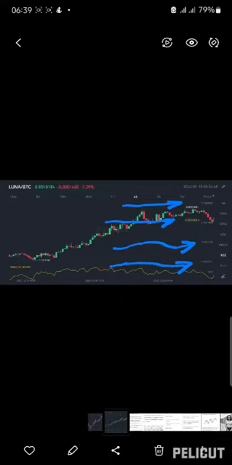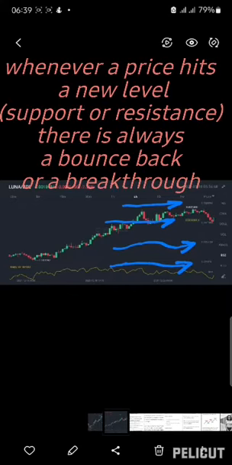The next picture that I will show you will better explain what I just said, that whenever a price hits a resistance level, it always has a bounce back to a support before it continues up in a bullish market.